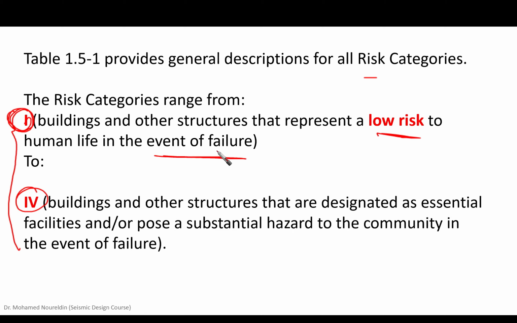That's in general. And for risk category 4, buildings and other structures that are designated as essential facilities and/or pose a substantial hazard to the community in the event of failure. And in between are going to be risk categories 2 and 3, of course.